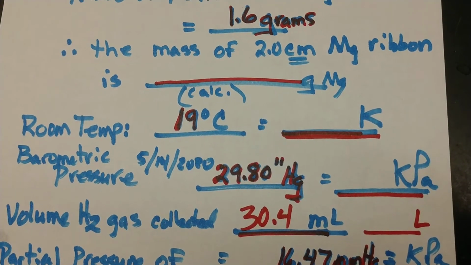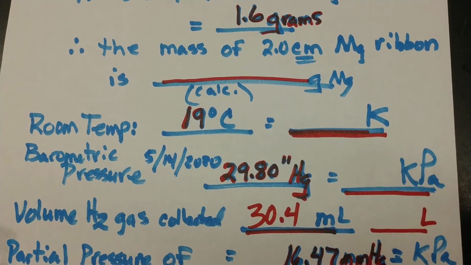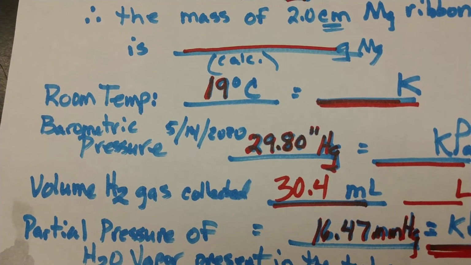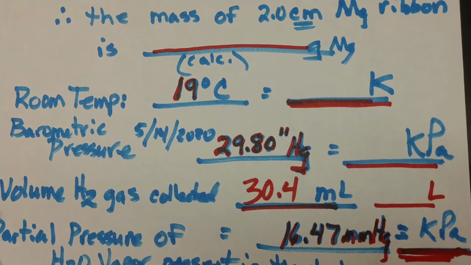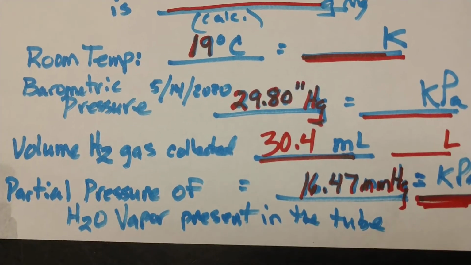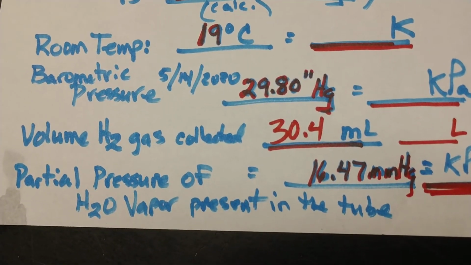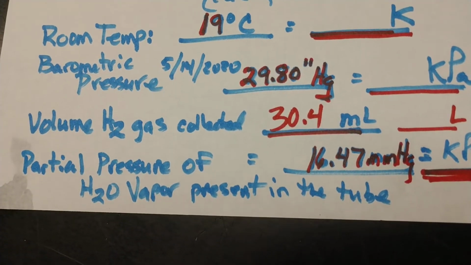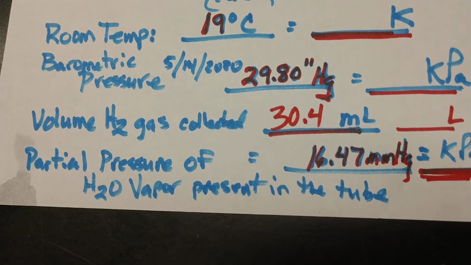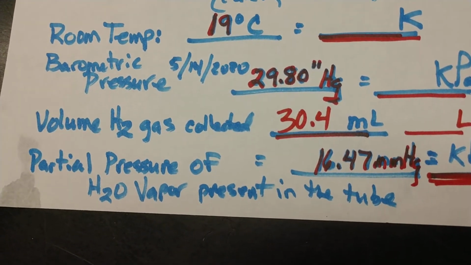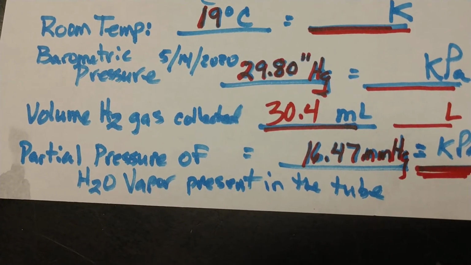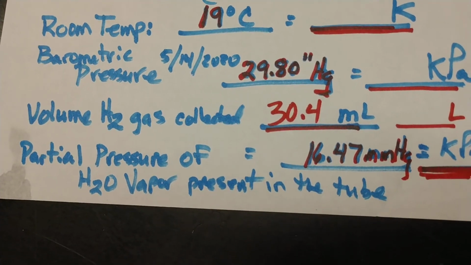Sometimes it's expressed as millimeters of mercury in a barometric column. We also figured out our volume of gas is 30.4 milliliters. You might have to convert that to liters. You really don't have to do that until the very end of the calculations. And we need to factor in our partial pressure. Because of the presence of water in that tube, some of the water molecules are in vapor, gaseous form, that also exert a pressure within the gas tube.